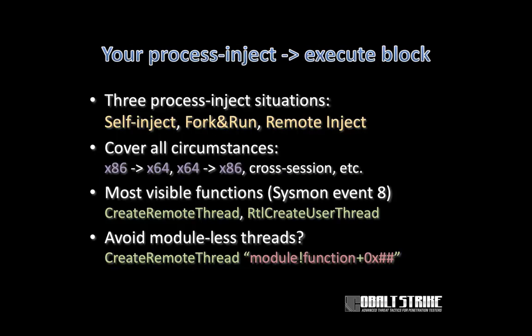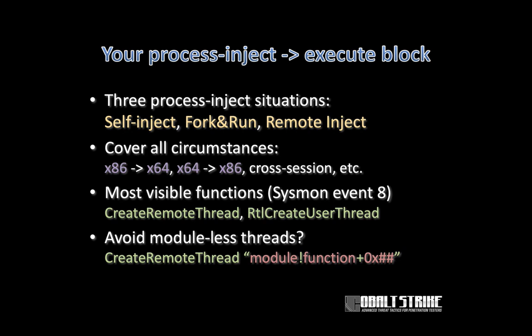Let's talk about that process-inject execute block. There are three process injection situations, and your block should cover all of these. There is self-injection, fork and run, and remote injection into an existing process. You should order your execute block with your self-inject options first, fork and run options next, and then your remote injection options last.